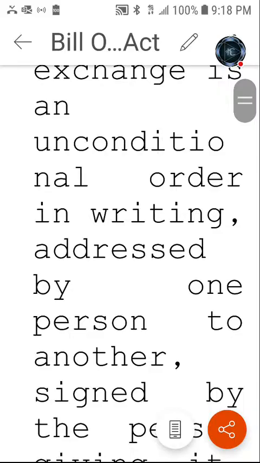So either that bill of exchange is an unconditional order.